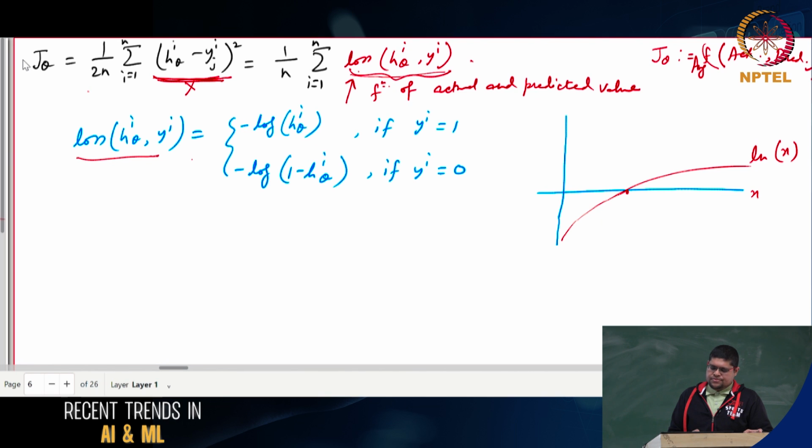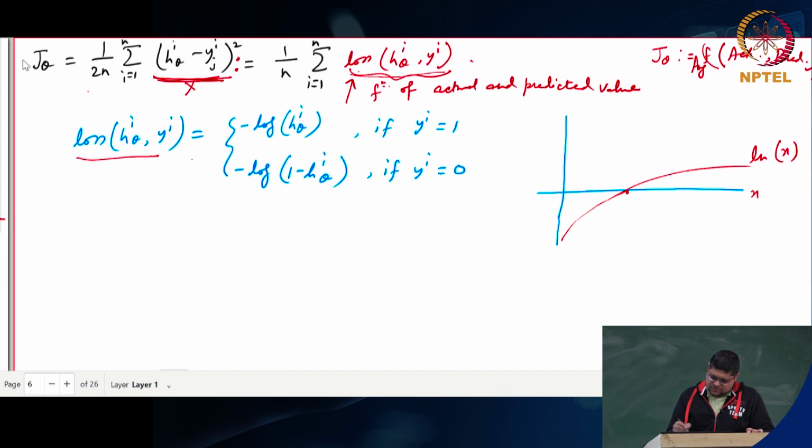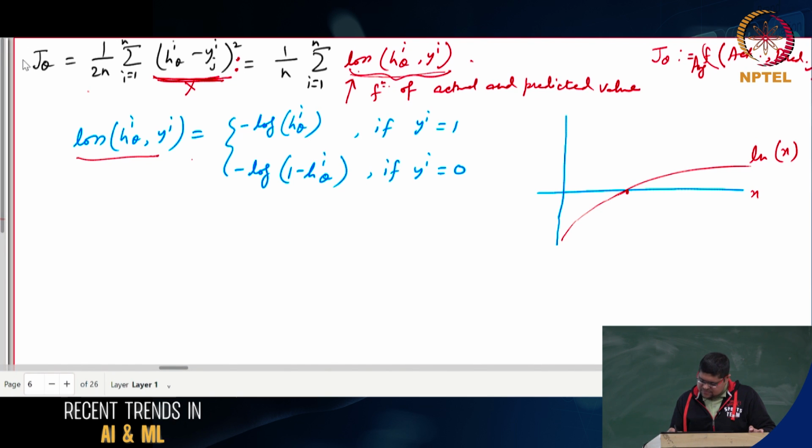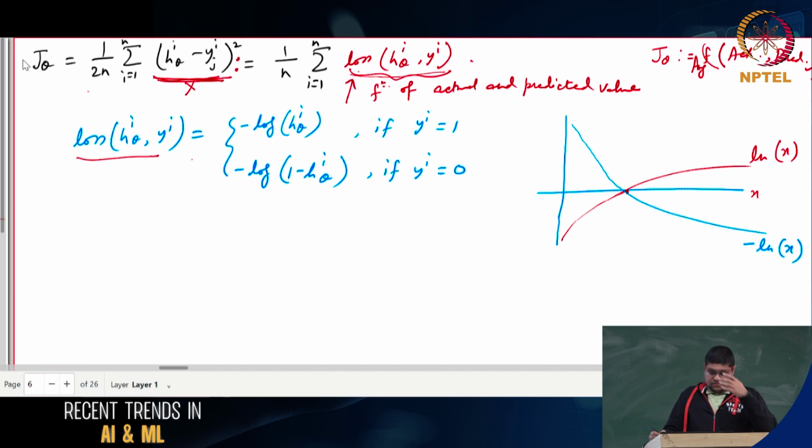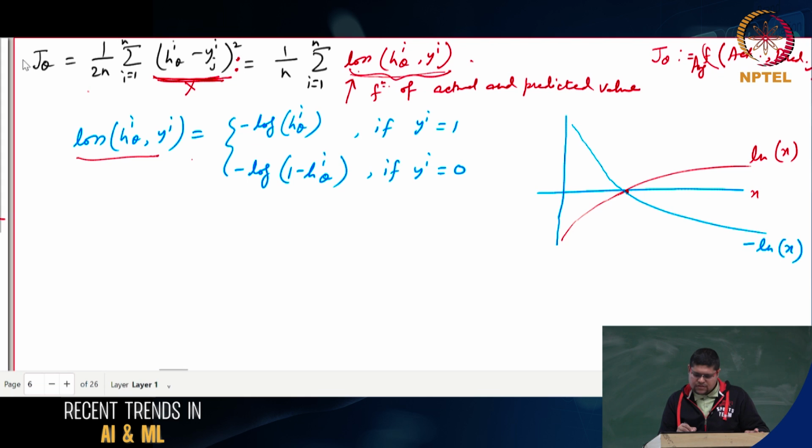So maybe you just write this colon equal to this. I am denoting. So this is the function of ln x, and this is minus of ln x. It looks like this. And another function.